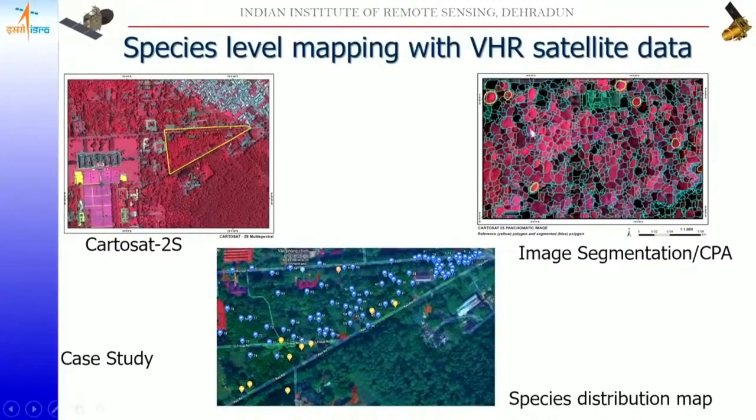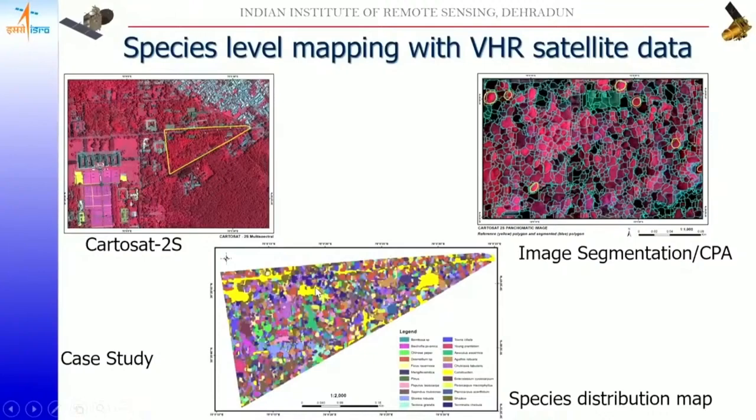So based on the ground truth, you can identify which segmented class corresponds to a particular species, and we can derive a species distribution map of a particular area.